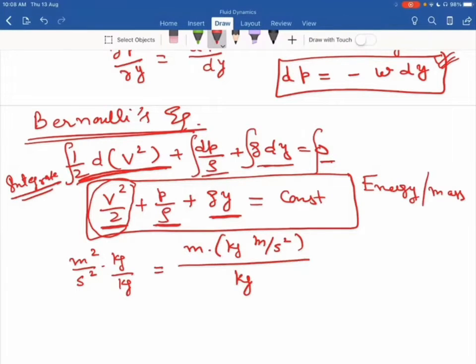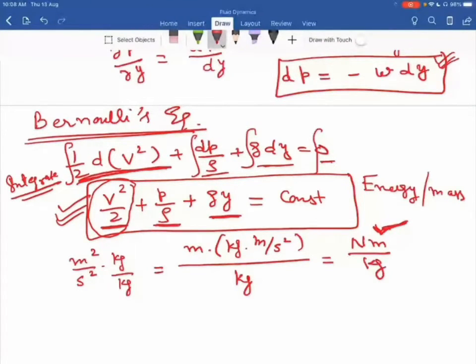The kg cancels. Now kg into meter per second square is mass into acceleration, so we can write it as force, that is Newton. Newton meter per kg. Newton meter is energy. Okay, energy per unit mass. So in this equation each term represents energy per unit mass.